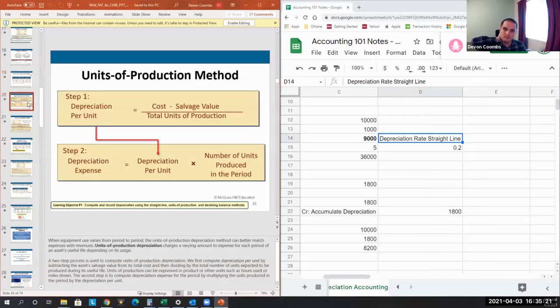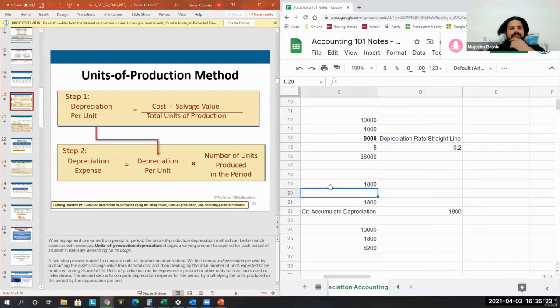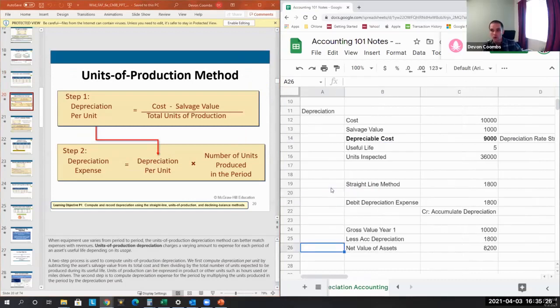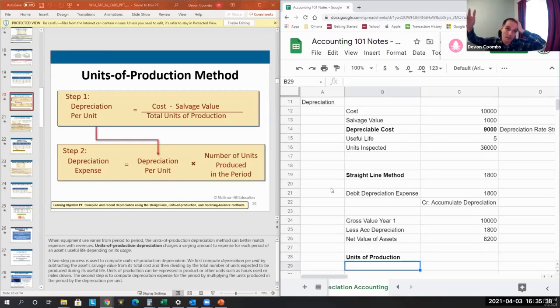Cool. So how's that different from units of production? Units of production, we no longer take straight line. Straight line's the easiest method. Instead, we're going to take the units of production, which is going to say, what we're ultimately trying to do here, to take a step back, is how do we match it to the system that's most relevant? And so we'd ask ourselves as a business, what drives our business?